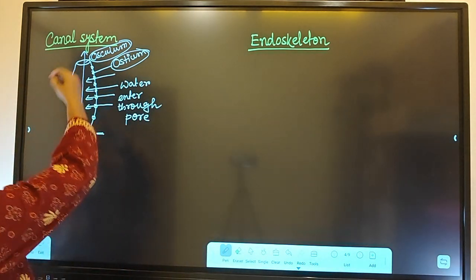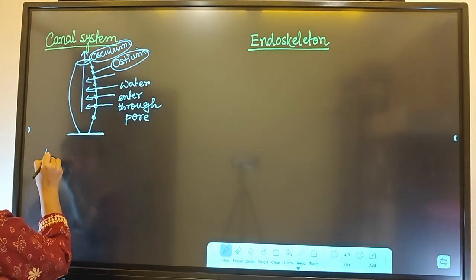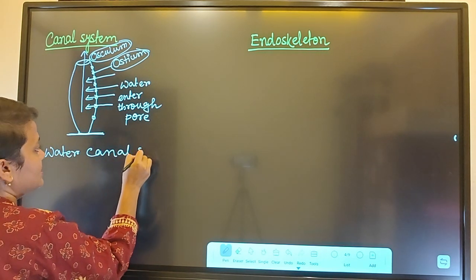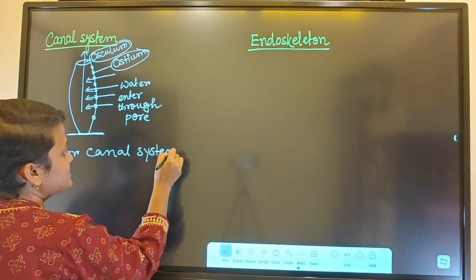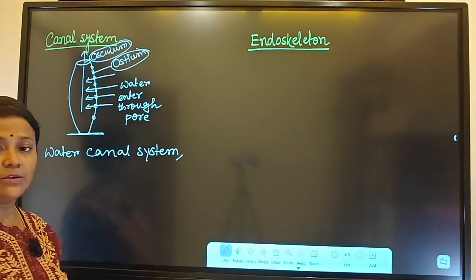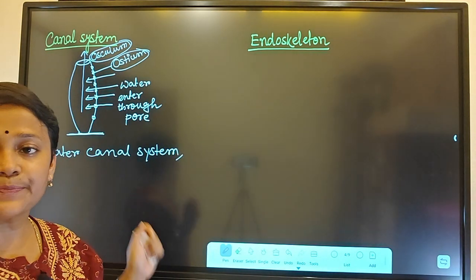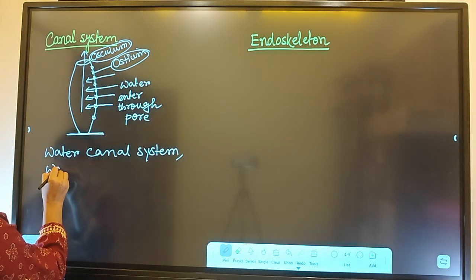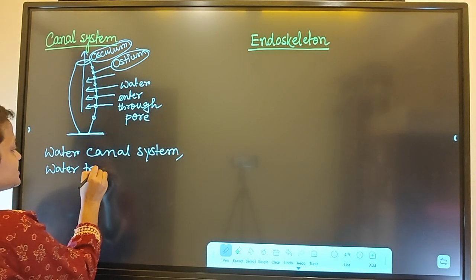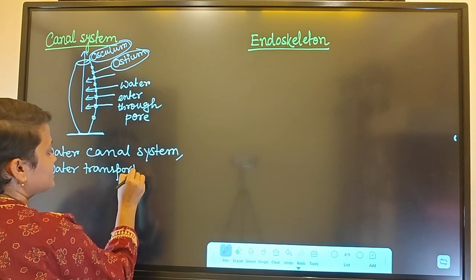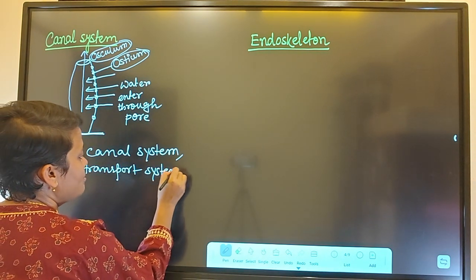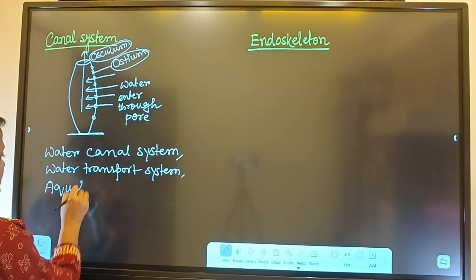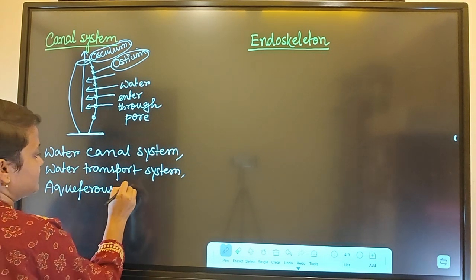So this kind of system is called the water canal system. This is special, and it is only present in sponges. The water canal system is also called the water transport system, or it is also called the aquiferous system.